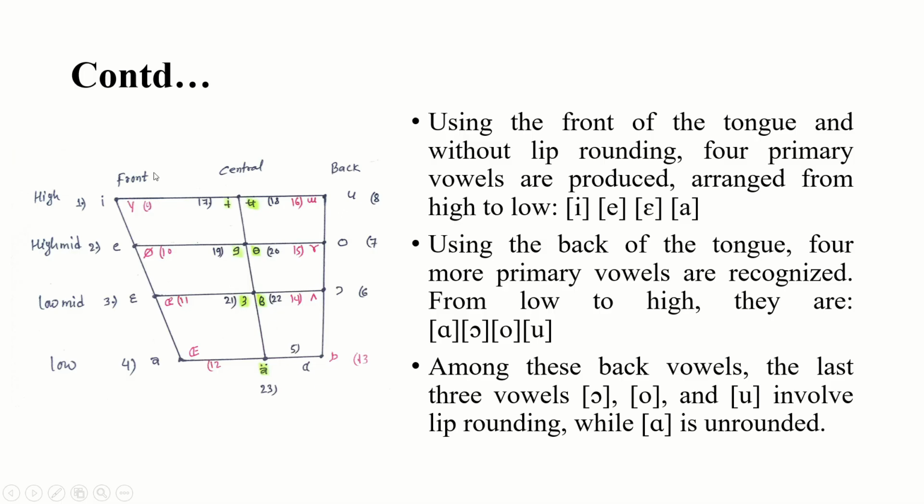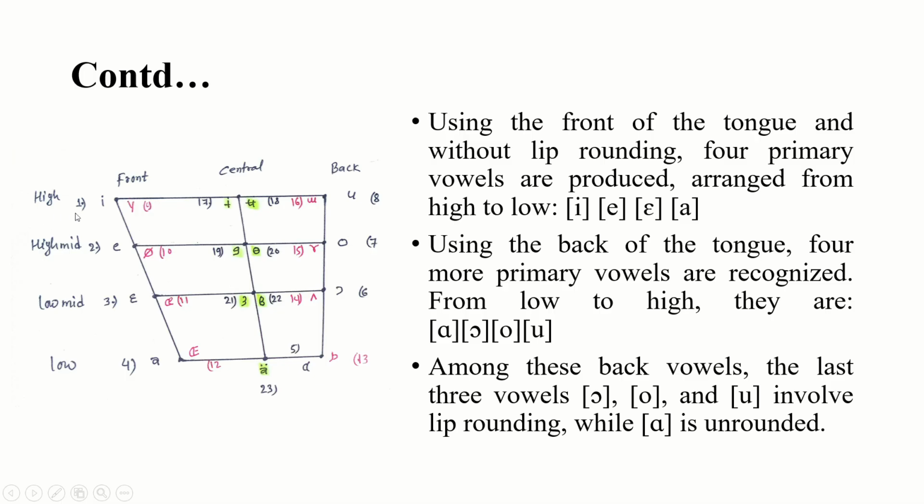If the vowel sounds are produced from the front part of the tongue, they are called front vowels, and these are the front vowels written under the word front. The vowels produced from the central part of the tongue are called central, and the vowels produced from the back part of the tongue are called back vowels.